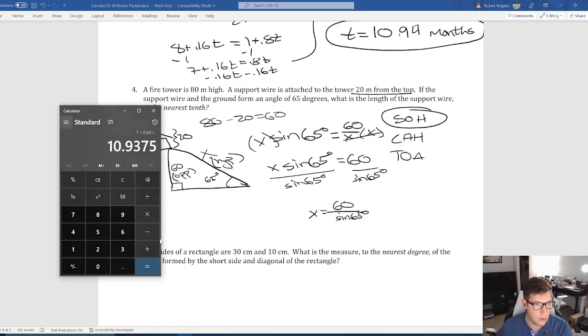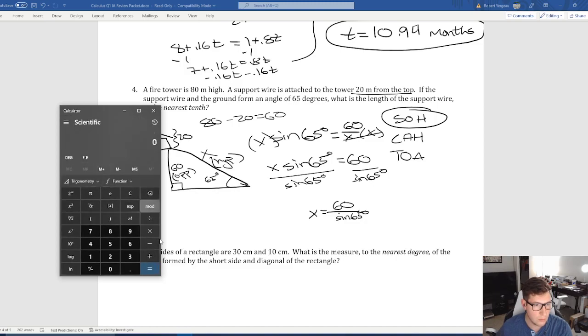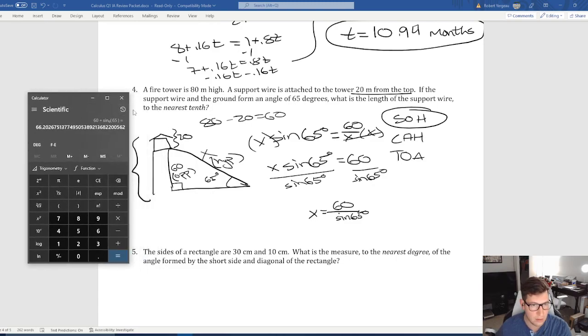Again, we can put that right in our calculator. Let's move to our scientific. We're going to have 60 divided by the sine of 65, which equals 66.2. Remember, we want this rounded to the nearest tenth according to this question.